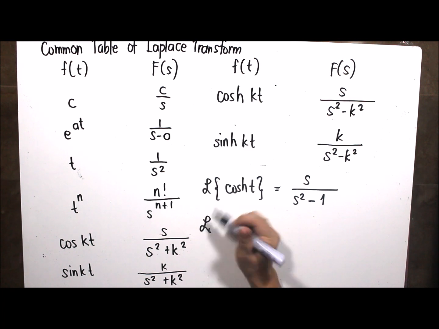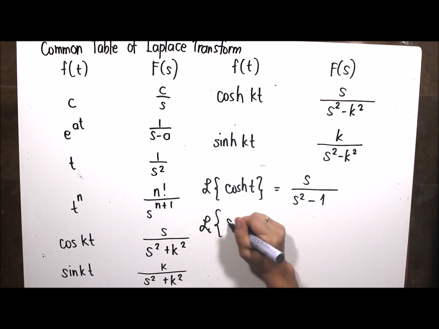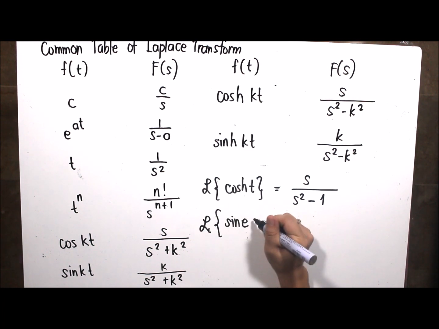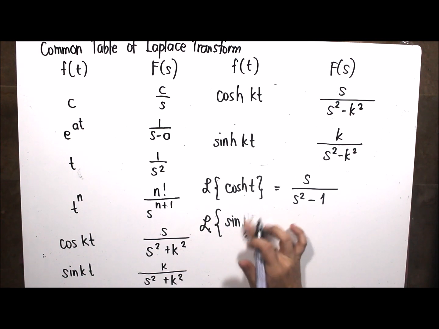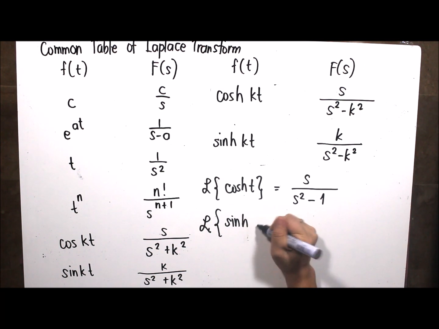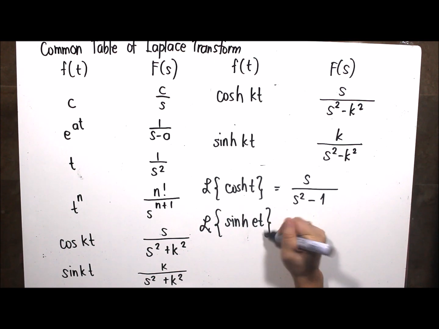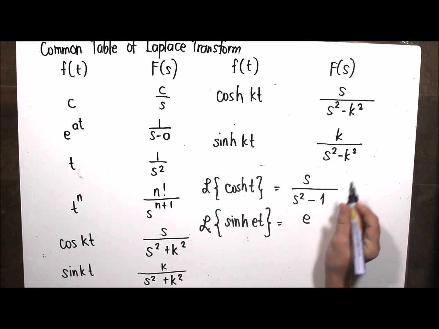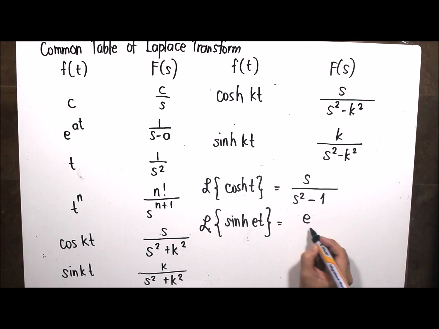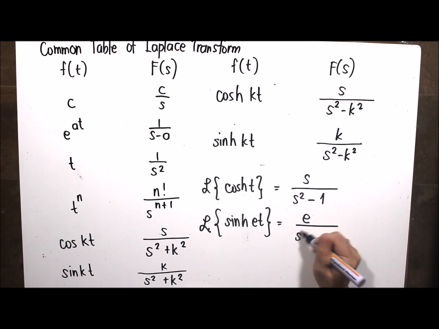For the Laplace transform of hyperbolic sine et, that would be e, the coefficient of the angle, all over s squared minus e squared. Therefore, these are our 8 common functions for Laplace transform.